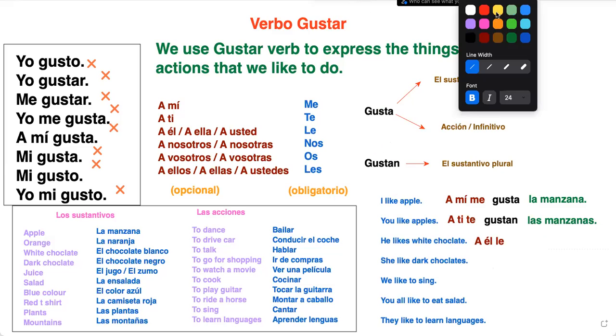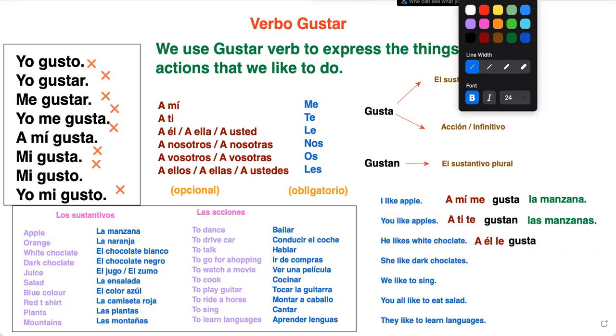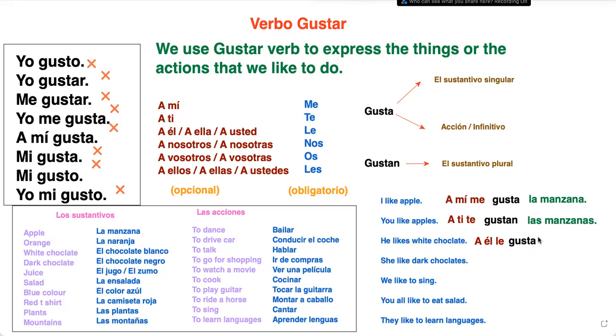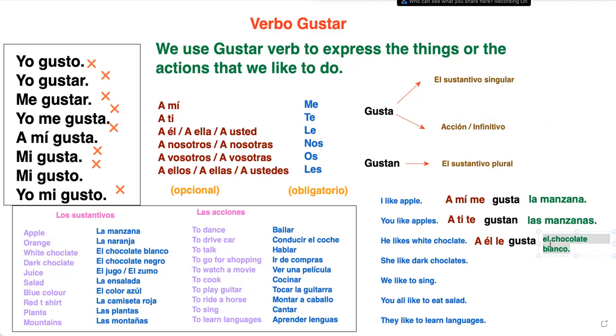Then I will use, you tell me, gusta, gustan? That's correct, gusta. And what is the object here? White chocolate. A él le gusta el chocolate blanco. Just reduce the font size. El chocolate blanco.